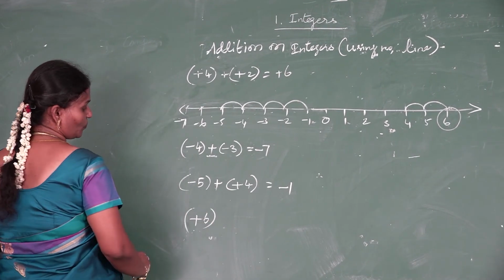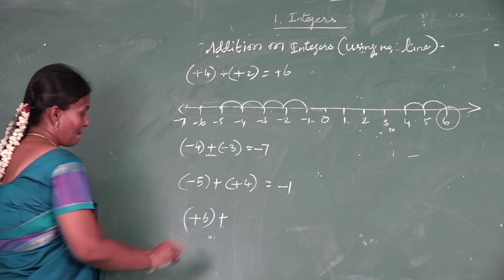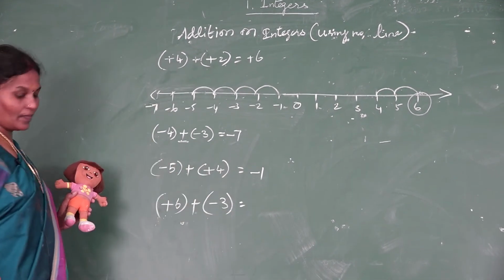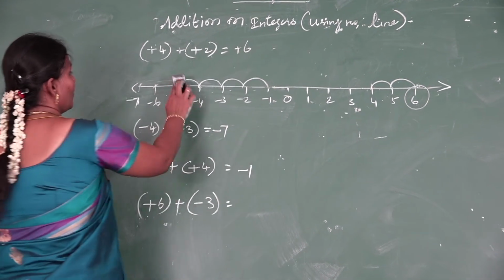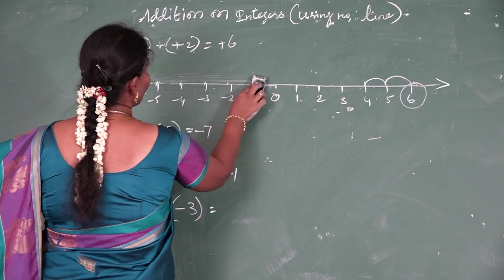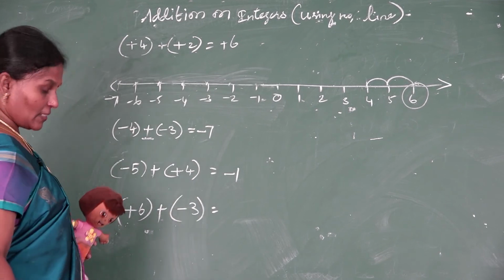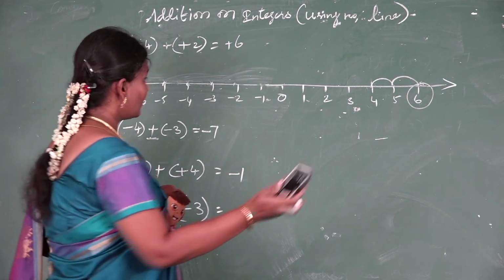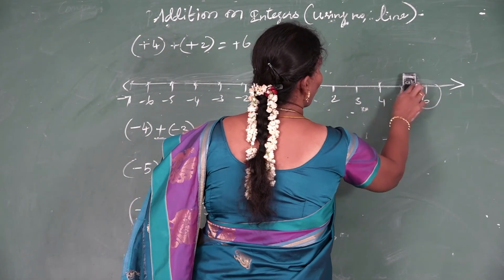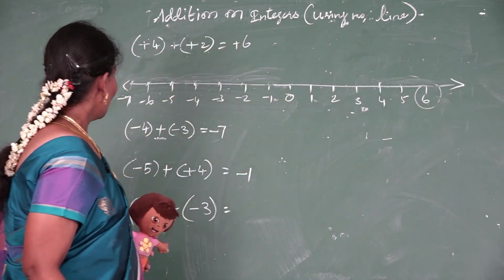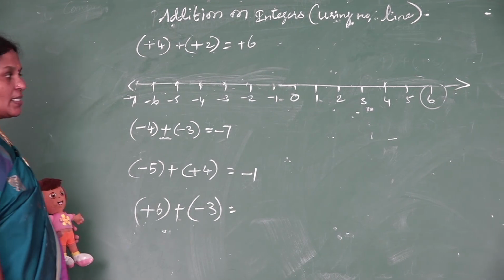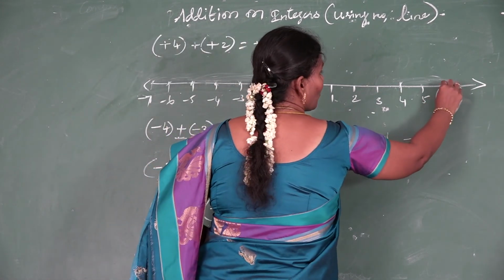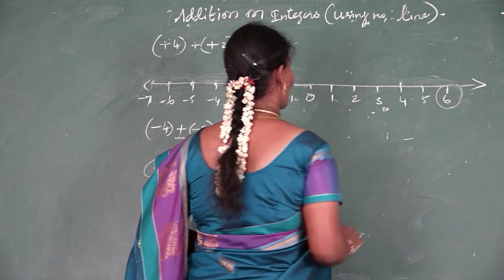Plus 6 plus minus 3. For this one also we use the number line. See where is plus 6? That is on the right side of the 0, positive. Here this is positive 6.